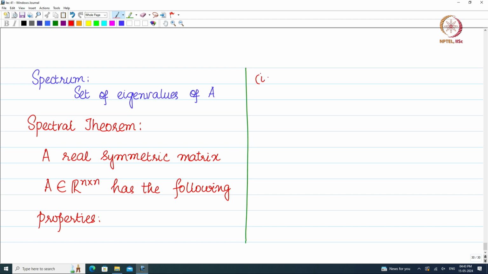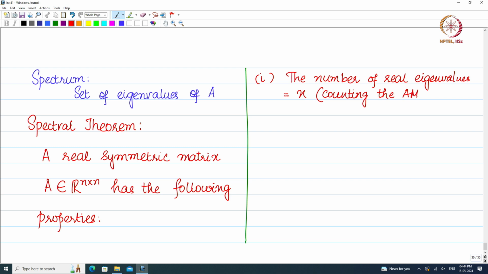Number 1, the number of real eigenvalues is equal to n, counting all the multiplicities, the algebraic multiplicities.